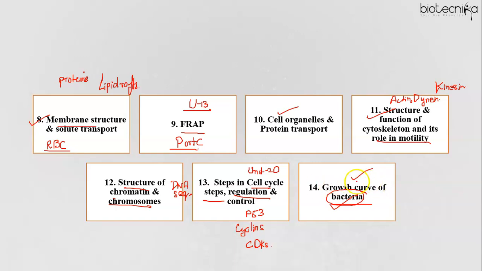The question can be about a specific stage of bacterial growth, like stationary phase or log phase. And yes, numerical questions are also expected. So all these topics are from unit 2 of CSIR NET Life Science syllabus, and that is cellular organization.